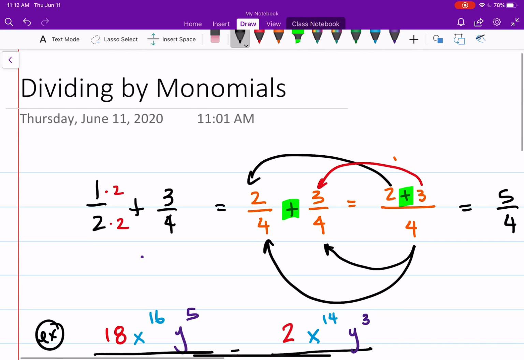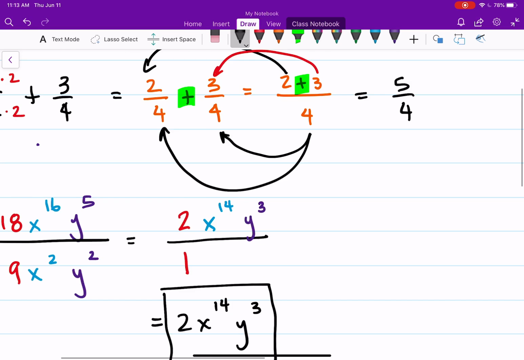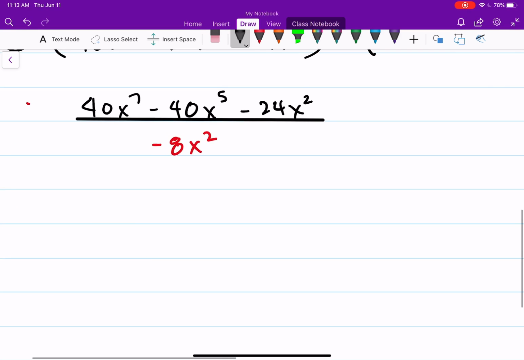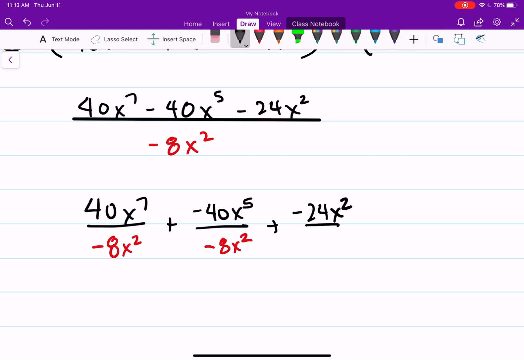So remember what I said to you here. We're going to go backwards, right? We're going to basically put the denominator under each term and then keep each term separated. So it's going to look something like this: 40x to the 7th over negative 8x squared, plus negative 40x to the 5th over negative 8x squared, plus negative 24x squared over negative 8x squared.